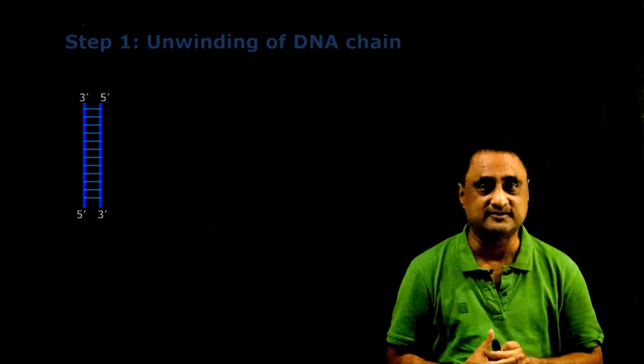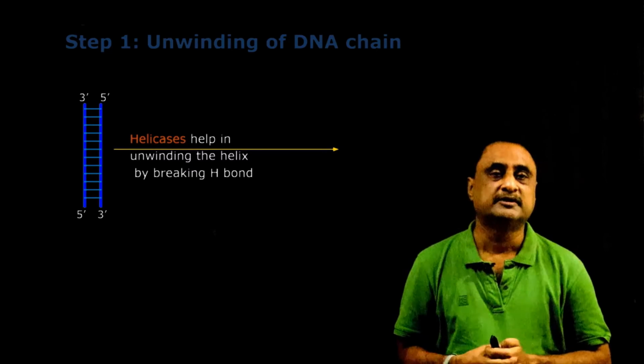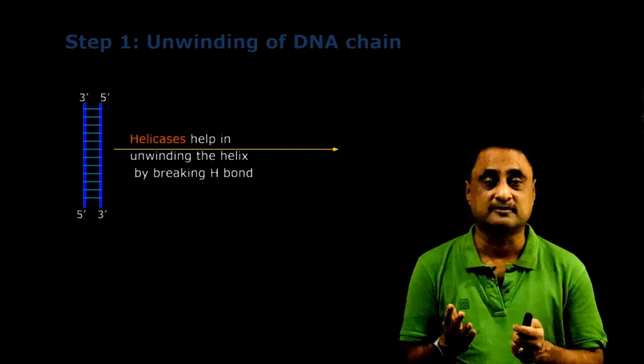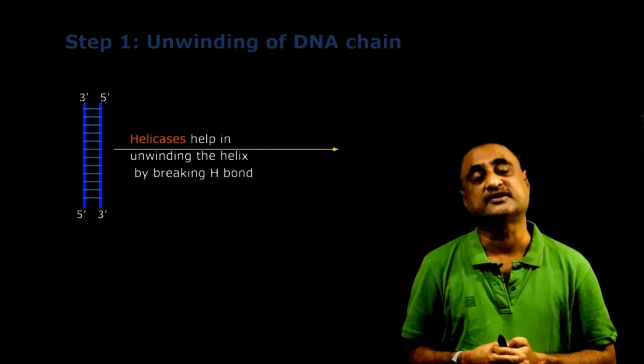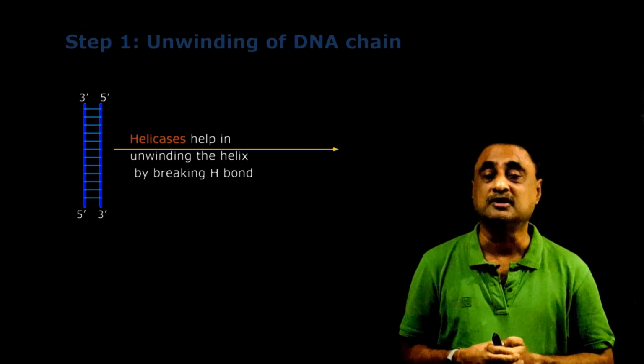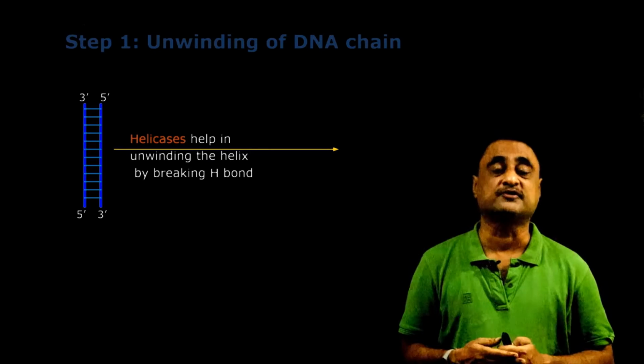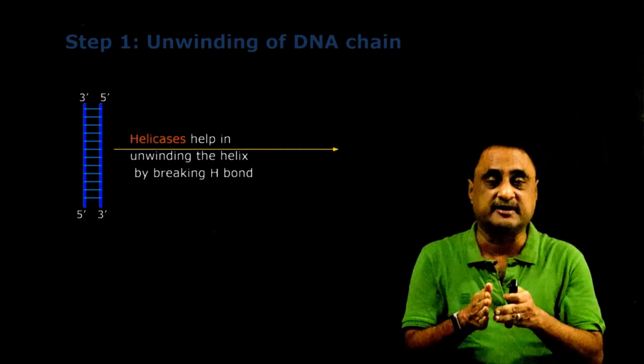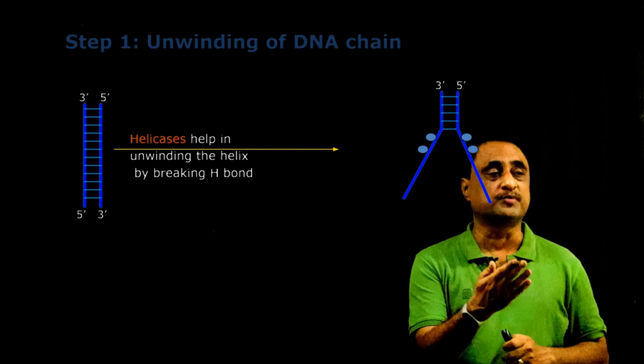First, let's learn what happens when the DNA chain opens. This opening is facilitated by an enzyme called helicase. The function of helicase is to break the hydrogen bonds between the DNA strands.